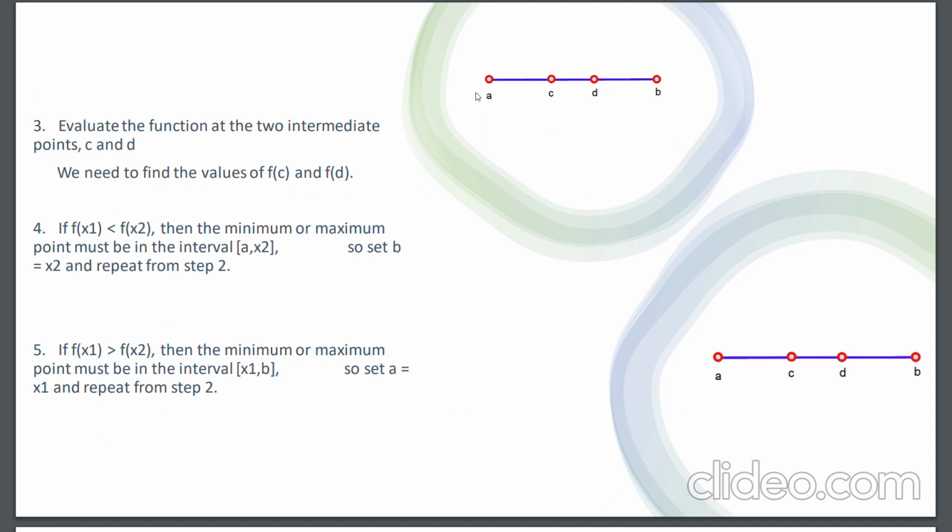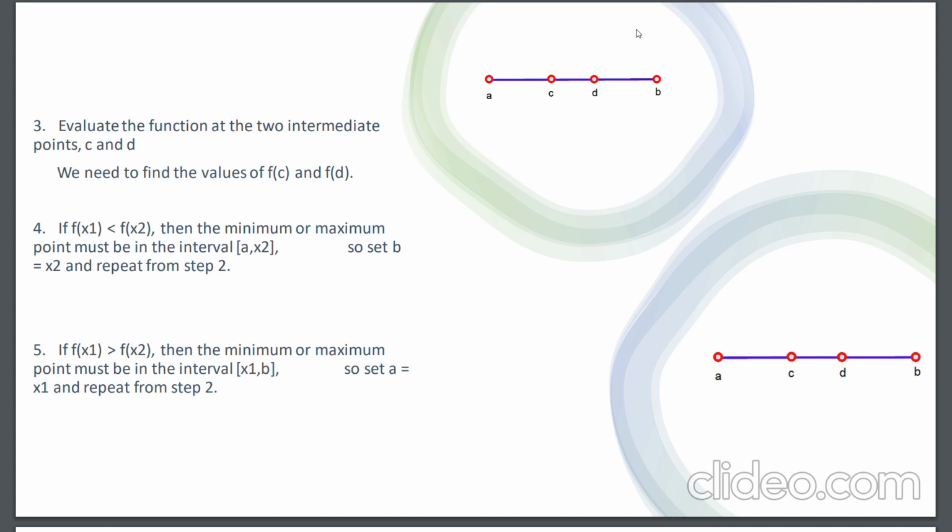If f of D is greater than f of C, then we'll be removing this whole region, because above this we'll be getting maximum points. So up to here we'll be taking as a new interval, then we'll be doing iterations.